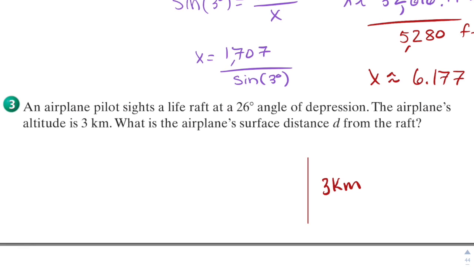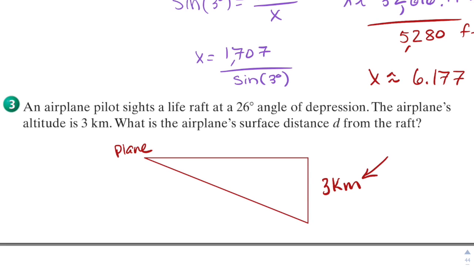Be careful when you set up your right triangle. To do an angle of depression, you would have to put the airplane over here. I know that I label this side as 3 kilometers, which is equivalent. Both sides are 3 kilometers.